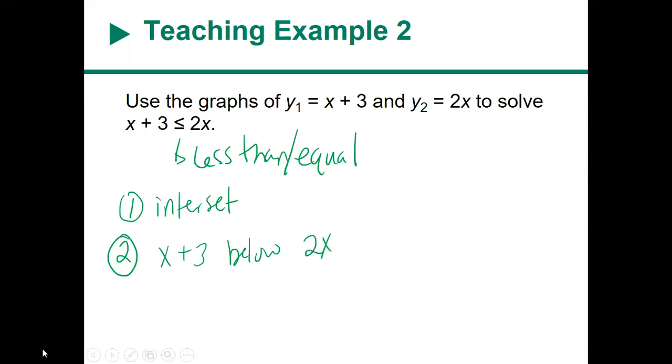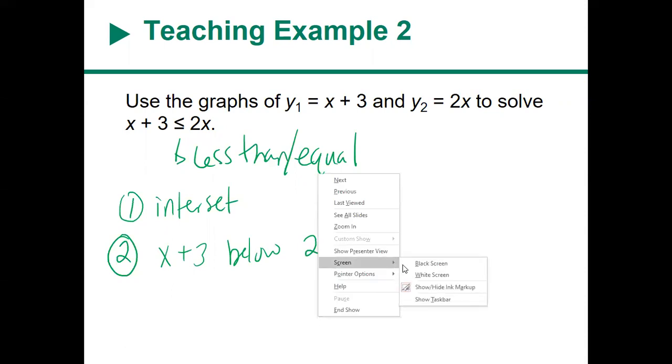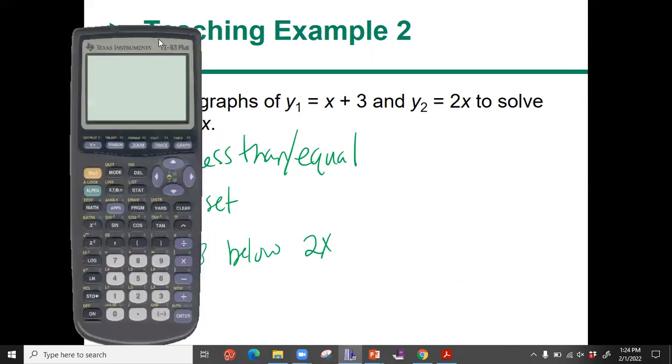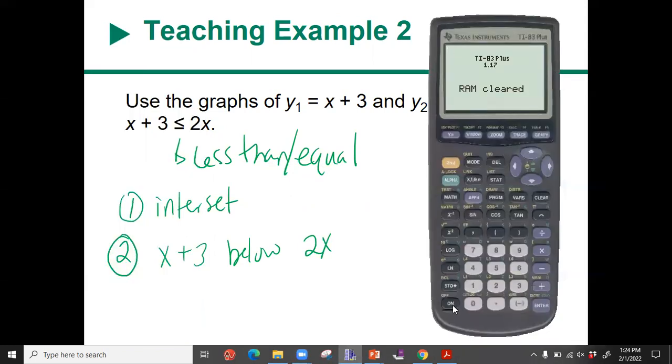Okay, so I'm going to go to my handy dandy calculadora. Open her up. Turn her on. And I'm going to put in my y1, which is x plus 3. Put in my y2, which is 2x.